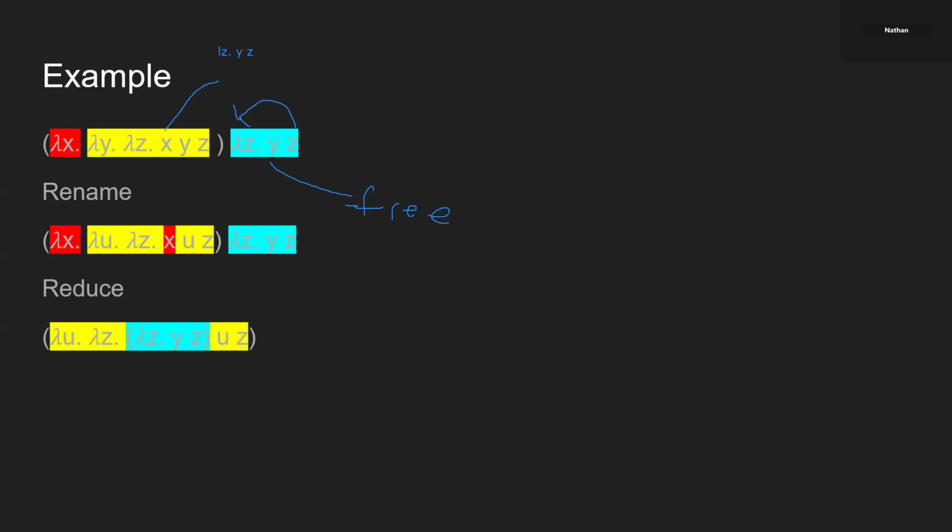So this y would be bound to this lambda y if we did beta reduction. So it'd be free and then not free, which is not what we want.